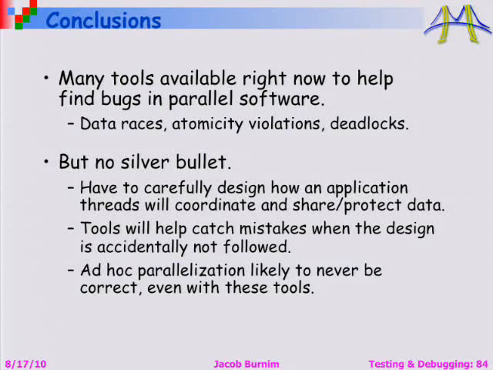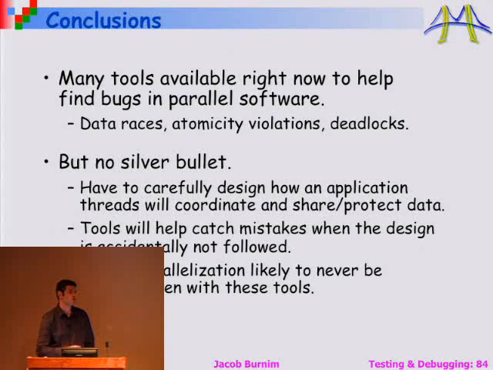But if you're doing some kind of ad hoc parallelization, just starting by running things in parallel and then not thinking too much about what might happen, and then trying to hunt down bug after bug until you get the program right, that process is not likely to ever work, just like in the sequential world. You do need to do a lot of this thinking up front about how to make sure you don't have these races, deadlocks, and atomicity violations in the first place.